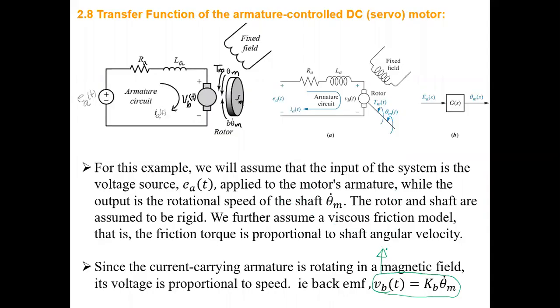Help me here. I think you can help me. KB is a constant, it doesn't change under the Laplace transform, right? So what is the Laplace transform of this guy here? Guys, please help me. I'm lost.